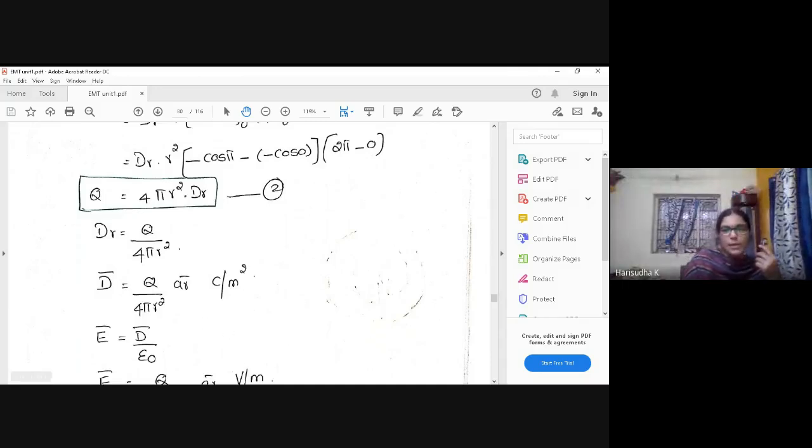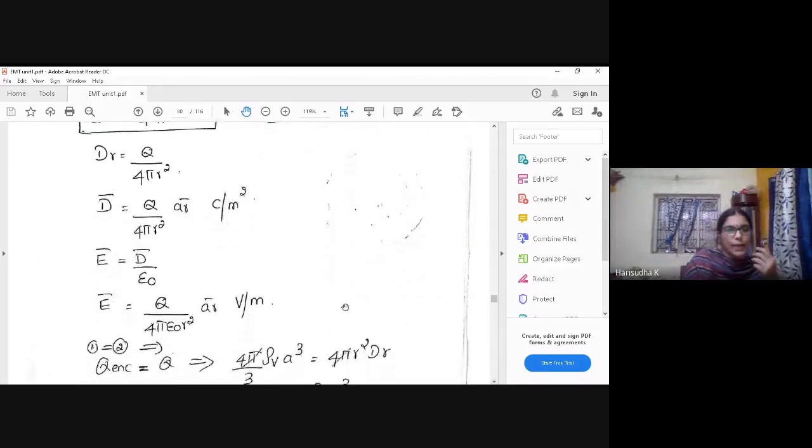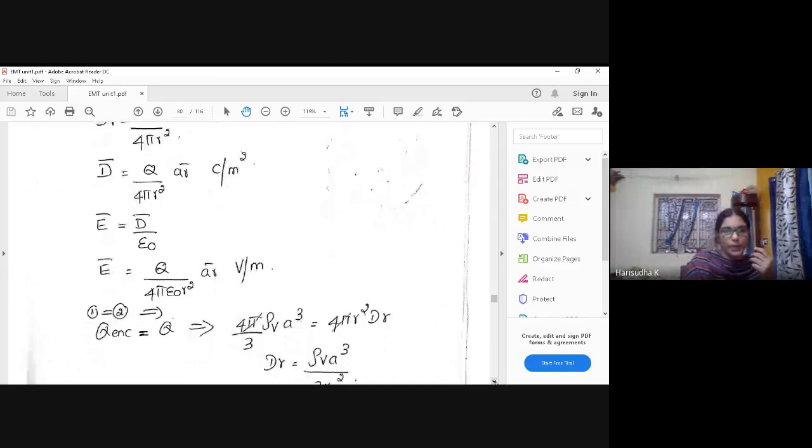Okay, and I know the equation E is equal to D by epsilon naught. Therefore, the electric field intensity E will be equal to Q divided by 4 pi epsilon naught r square into ar. Its unit is volt per meter.